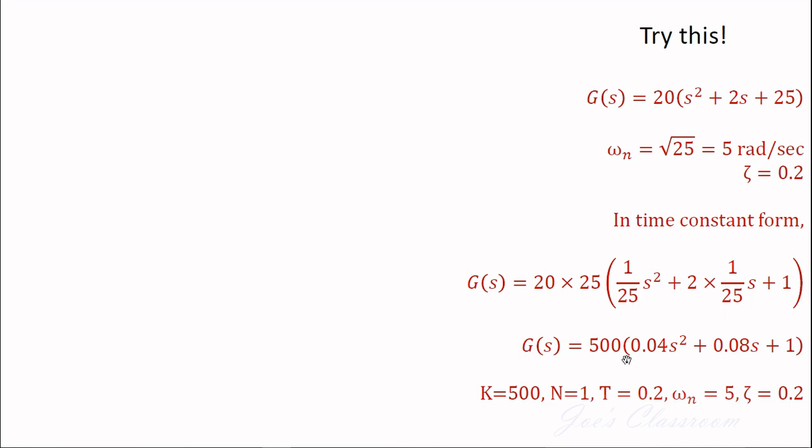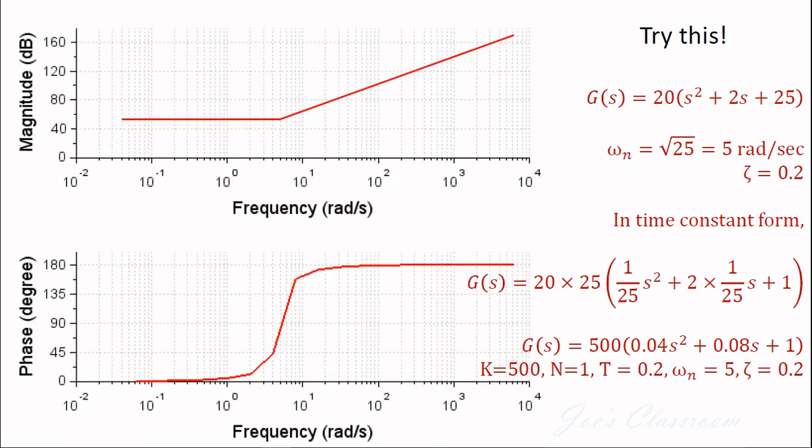Of course, you have to plot the magnitude plot as well as the phase plot. Both the plots are given here, and you can see that this magnitude is going to be 20 log 500, and this slope is going to be plus 40 decibels per decade because it's in the numerator and its contribution is from zeros.